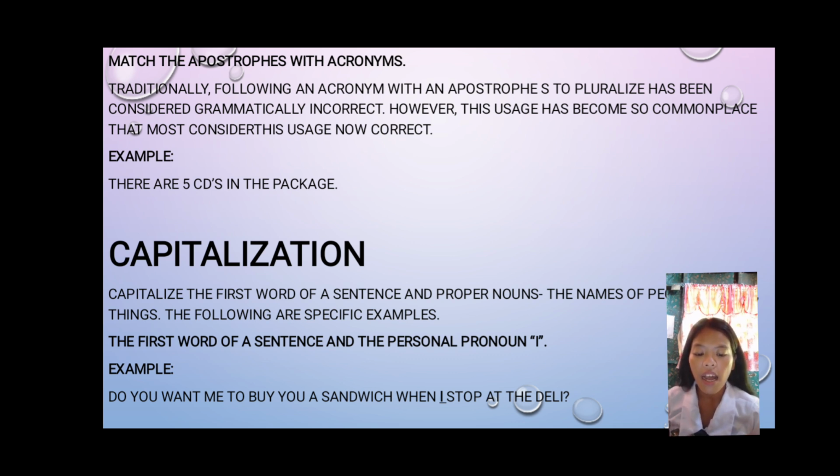Since the first letter in the sentence is D, D would be capitalized. And since I is a personal pronoun, we need to capitalize it, because you're stating that you yourself.